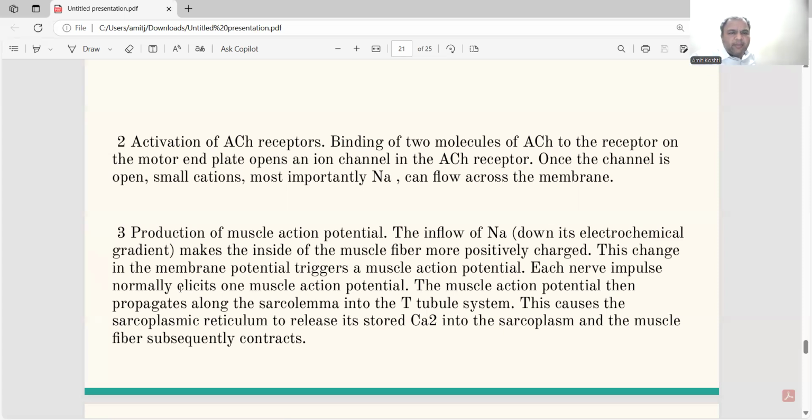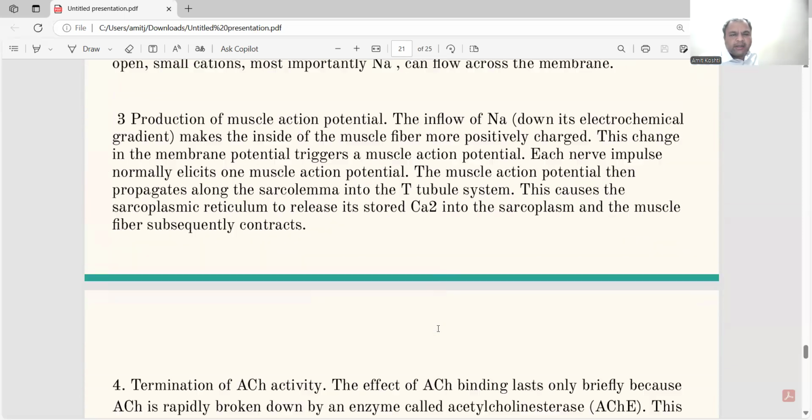The change in the membrane potential triggers a muscle action potential. Each nerve impulse normally elicits one muscle action potential. We have gone through this. The muscle action potential propagates along the sarcolemma to a T-tubule. This causes the sarcoplasmic reticulum to release its stored calcium into the sarcoplasm, and the muscle fiber subsequently contracts.